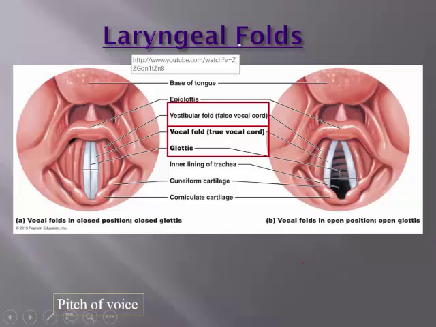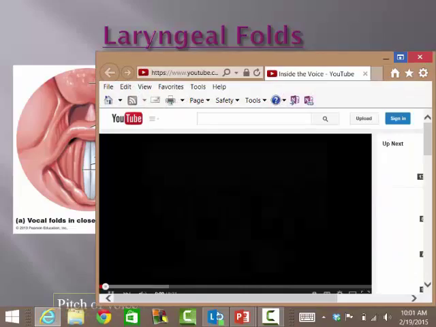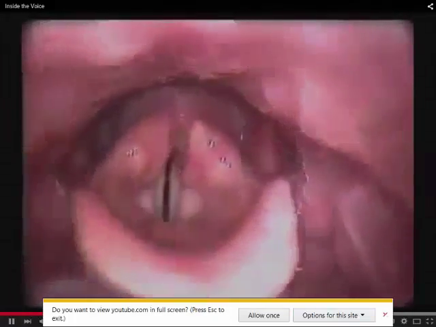So let's take a look at this as if you were putting a scope inside. Hello! I haven't had visitors in so long. What are you? I'm a voice box. This is the vocal cords, and these on the side are the vestibular folds.